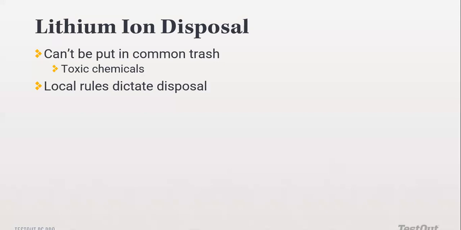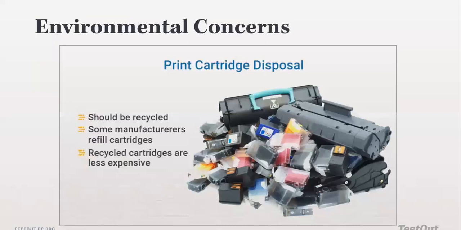Because of the toxic constituents of these elements, you have to dispose of them in a special manner. According to the way your local rule dictates, you determine which way is best suitable for you to dispose of your lithium-ion battery, but never in the regular trash.